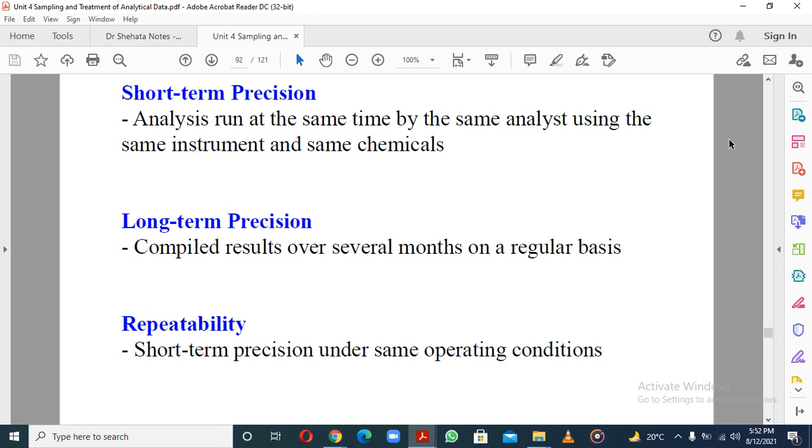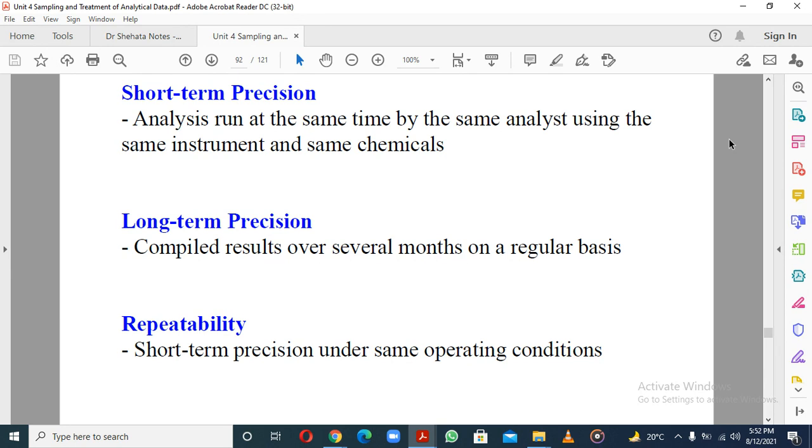It's called short-term because it's done at around the same time. A best example is how you do your titrations in the lab. You have the one which you call the trial, then you do the first run, second run, and third run.